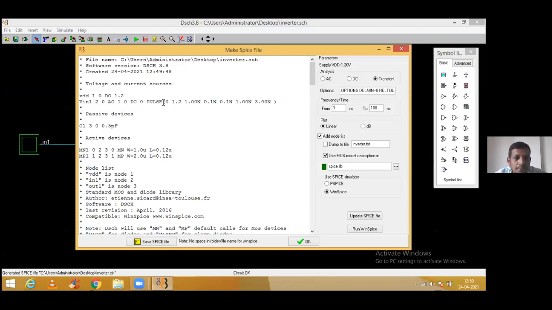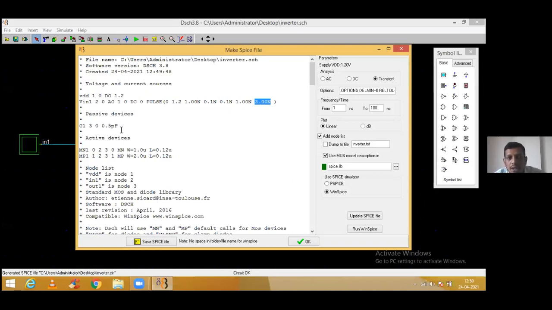Look at how that pulse is written. It starts from 0, VDD is 1.2. The first value is the low level, then the rise time comes, then the fall time, then the pulse width, and that pulse will run for 3 nanoseconds. Are you getting my point?